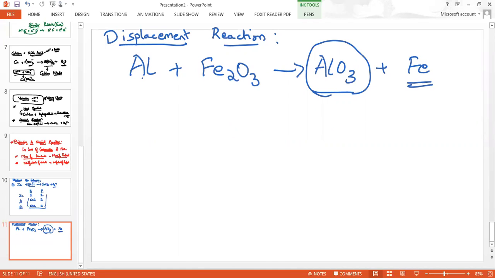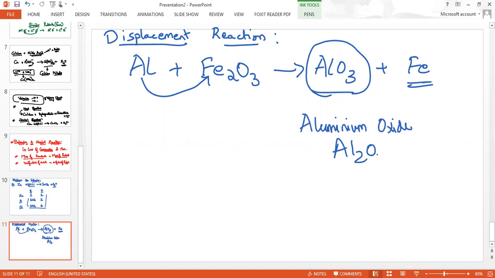Because what is happening here, aluminium will replace iron in a displacement reaction, so it will form aluminium oxide. It is Al2O3, exactly, because aluminium has +3 and oxide is -2, so that will form Al2O3.